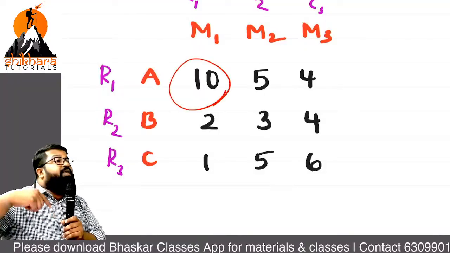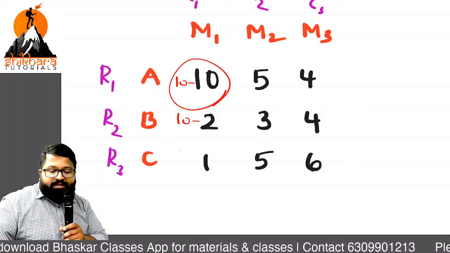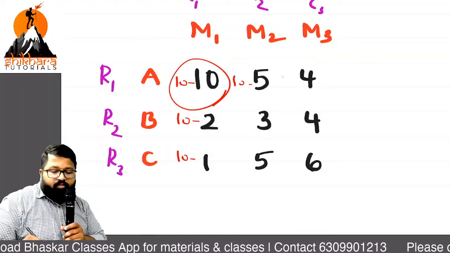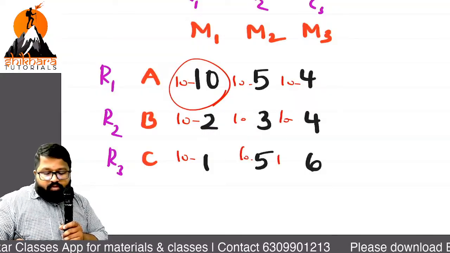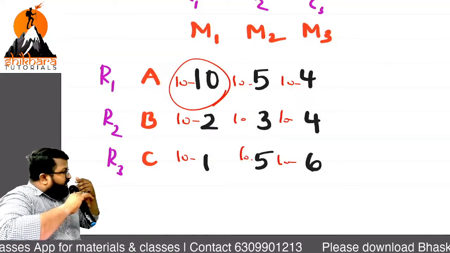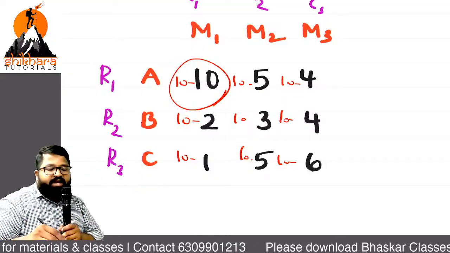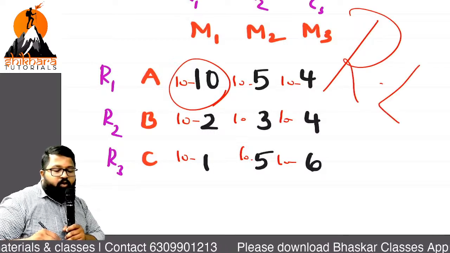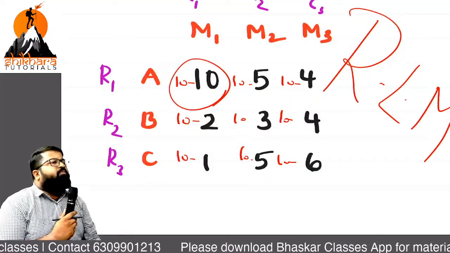And we form a minimization model: 10 minus 10, 10 minus 2. We deduct all the elements from 10 and form a new matrix. What is the heading of that matrix? Relative loss matrix. These terms are really important.